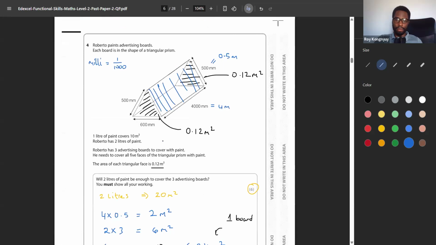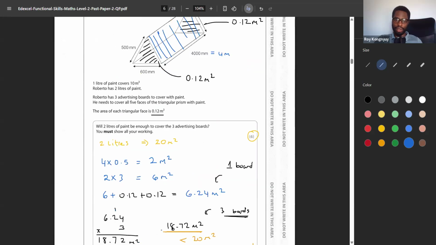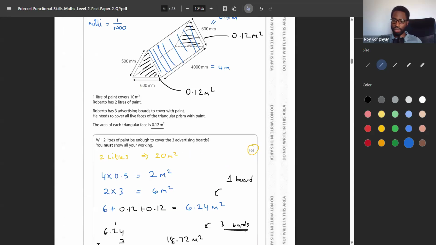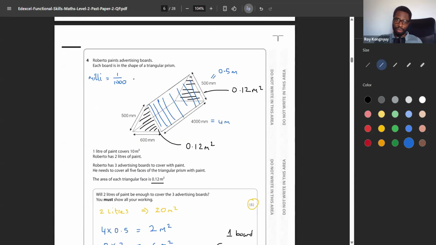That was that question. Next, we did this final question. We have Roberto. He's painting advertising boards. We're told he has paint that can cover 10 meters squared, and he has 2 of these cans. Right? 2 liters. So we can cover 20 meters squared.